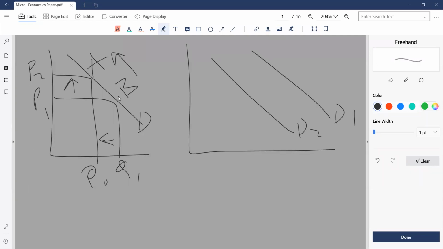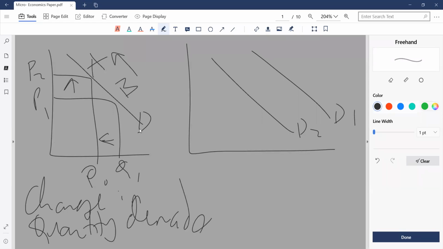So a movement along the demand curve is called a change in quantity demanded. So the graph there signifies a change in quantity demanded. And the change in quantity demanded shown here is caused by the change in the price of this good. But if demand changes from D1 to D2, it's a shift in the demand curve.